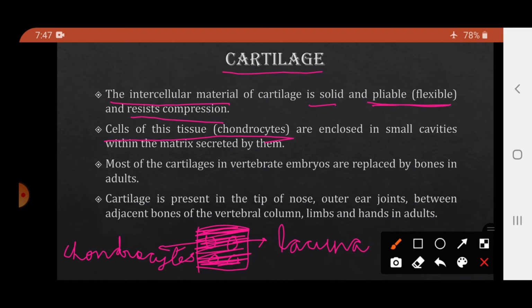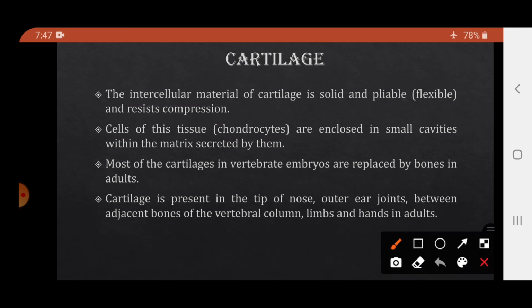So in the matrix of the tissue is the presence of the small cavities. These small cavities are called as the lacuna. And within this lacuna the chondrocytes are present. So cells of this tissue, that is chondrocytes, are enclosed in the small cavities within the matrix secreted by them.